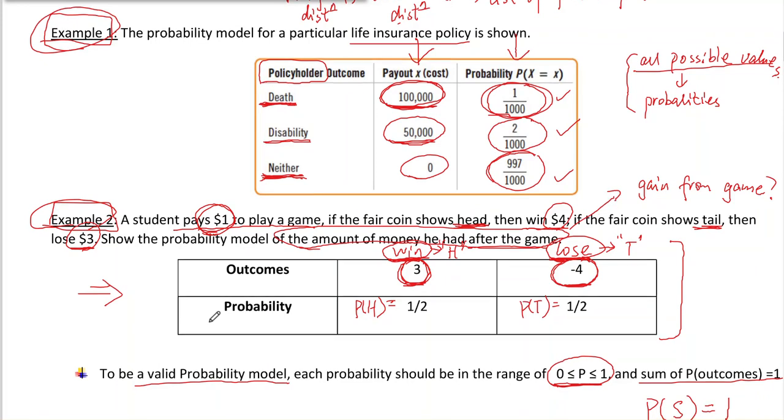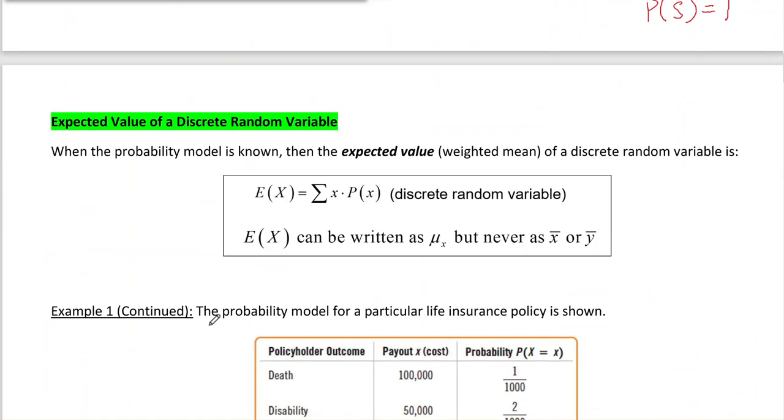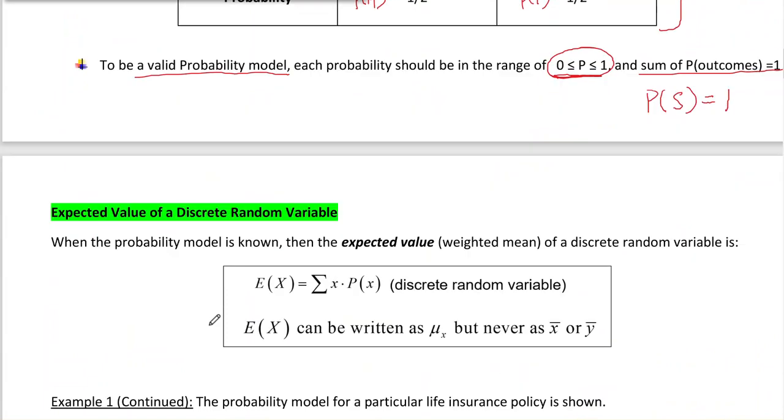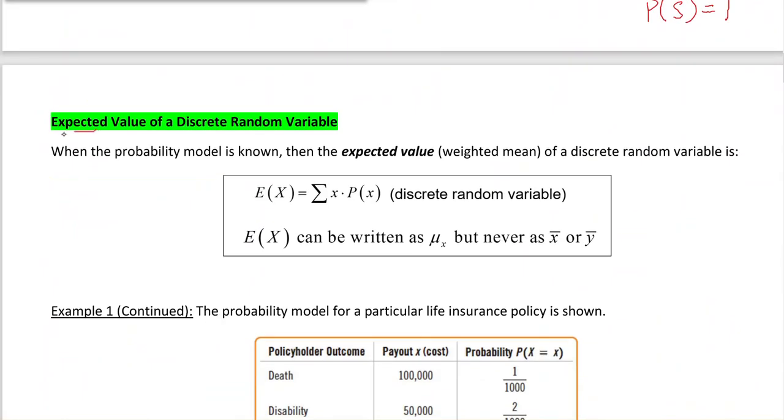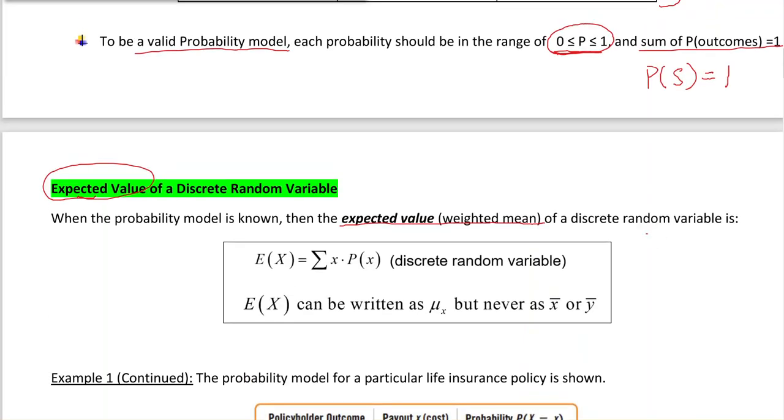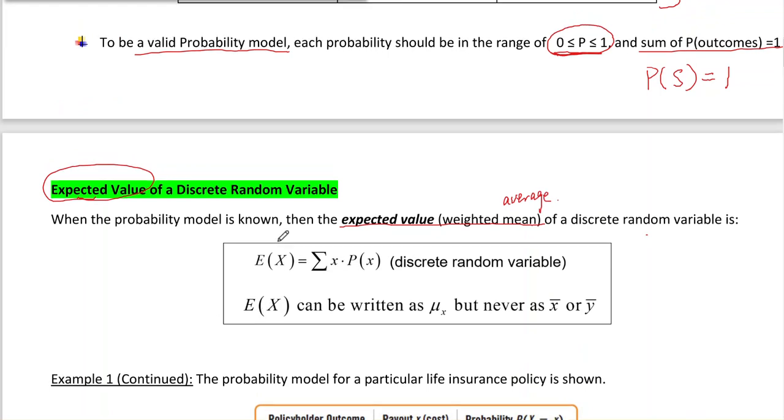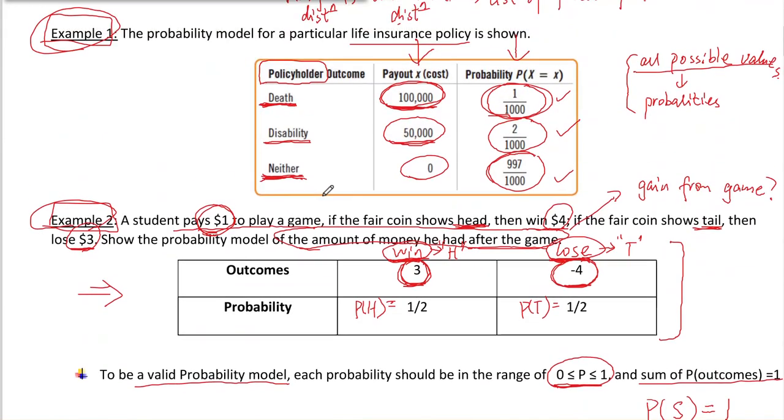All right. And then the next thing is, once we have a probability model, we want to know the expected value of this variable. So what is the expected value? Expected value is the weighted mean of this discrete random variable, right? So this weighted mean, we can also consider it is the weighted average, right? So let's come back to the first example.